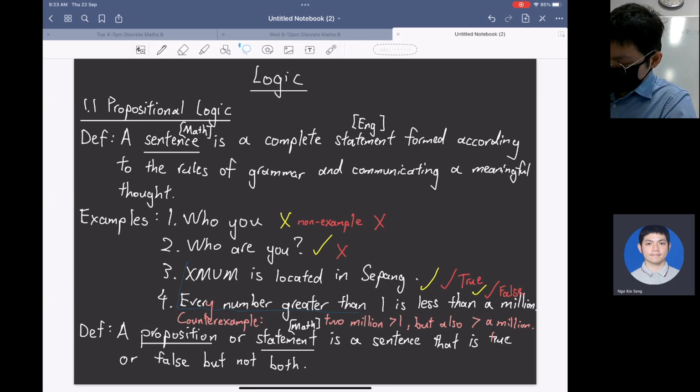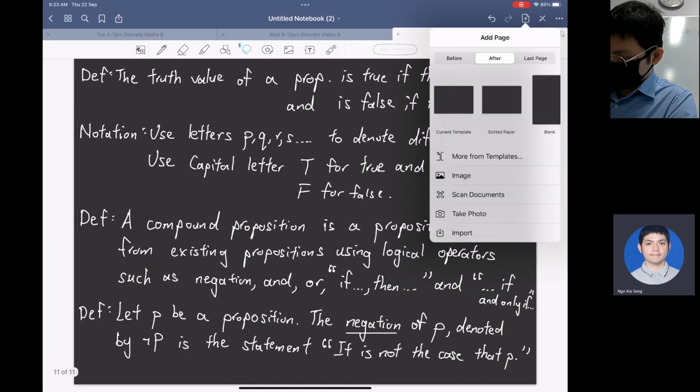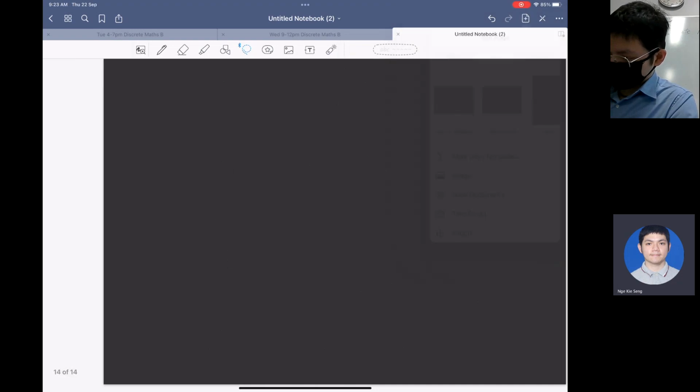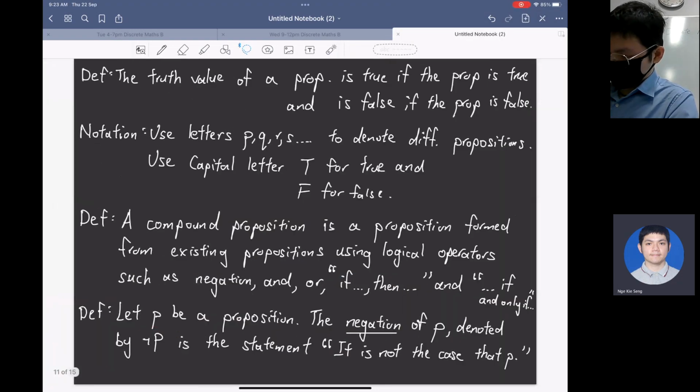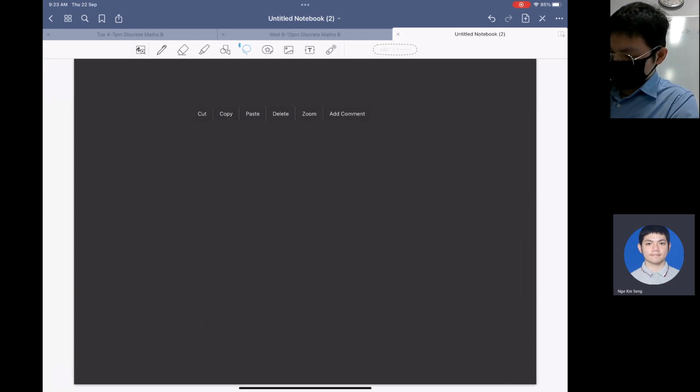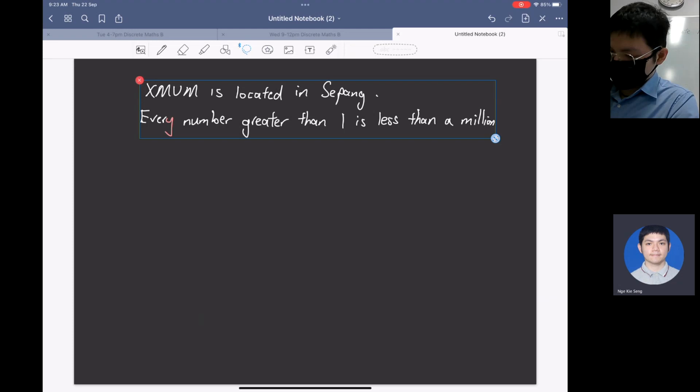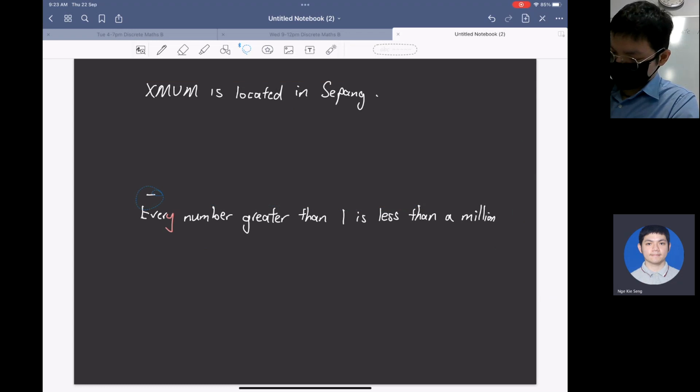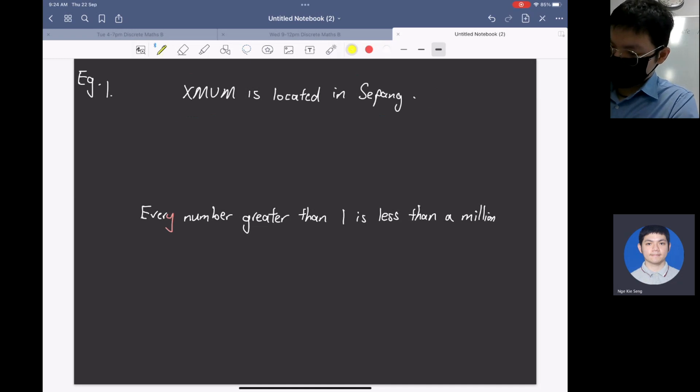Let's copy these two statements. So, the first example: let P be this sentence.